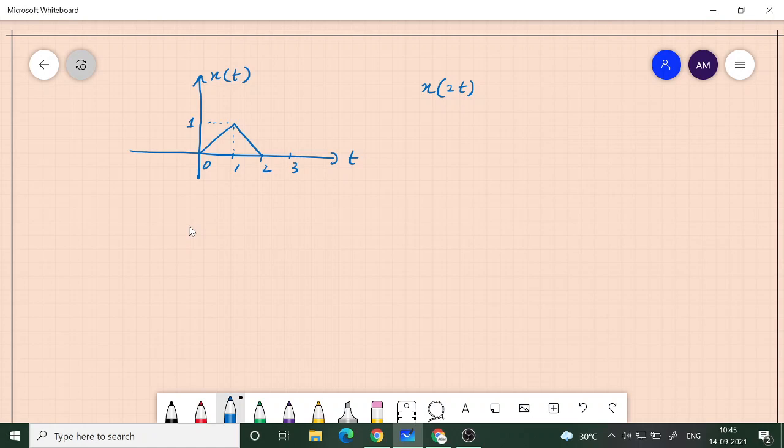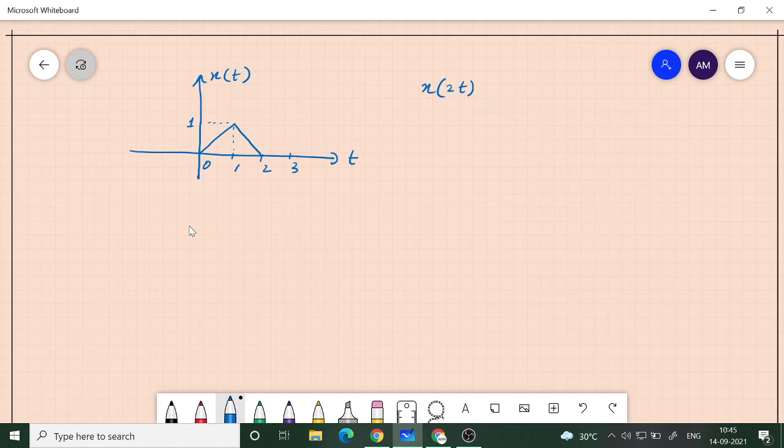So that means the way that argument is changing is very fast, right? The argument of x of t is t, but when I do the transformation, it becomes 2t, when I multiply t with 2.